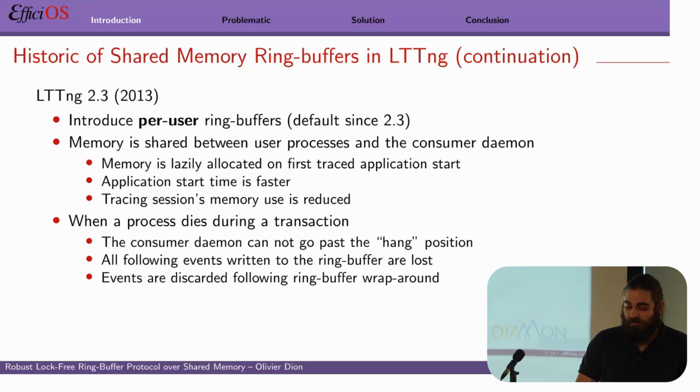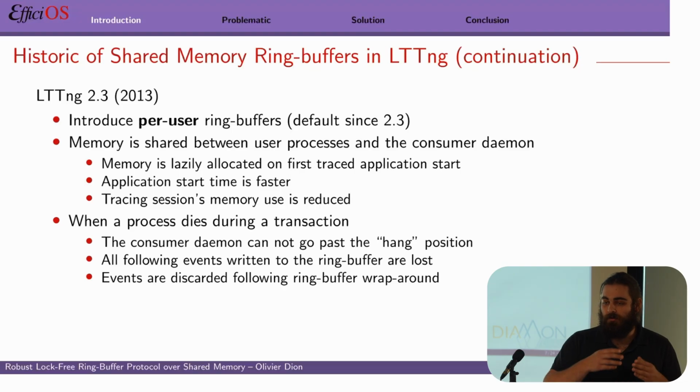But then you have a problem as well when a process dies during a transaction, and I will define what a transaction is. Basically, when you're writing to shared memory, what happens if you hang at a position where you were trying to write? You have state when you do IPC over shared memory. In that version, what happened is that the consumer daemon could not pass the hang position. In a ring buffer, you have a producer position and a consumer position.